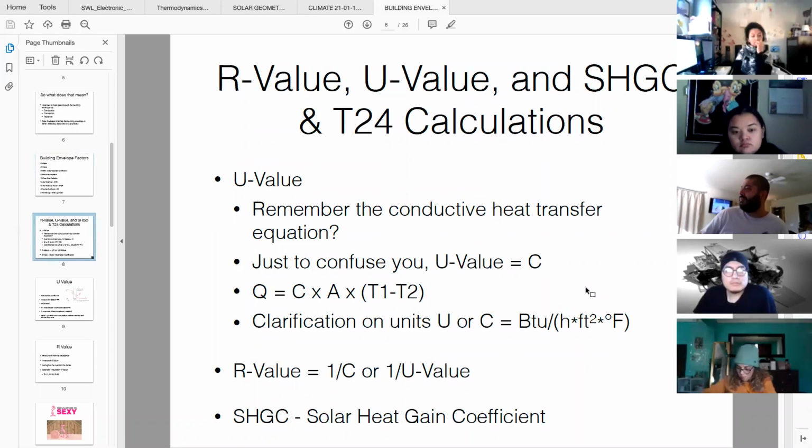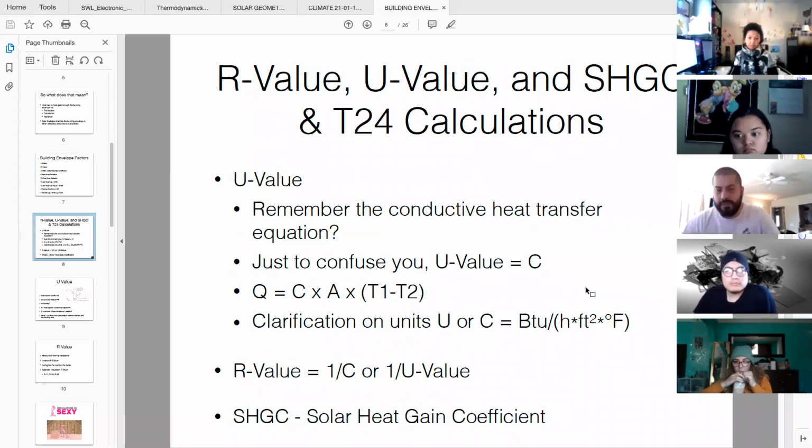Okay, so our U value, this is conductance. We talked about this briefly last week. The U value is used as the letter C in our heat transfer equation.